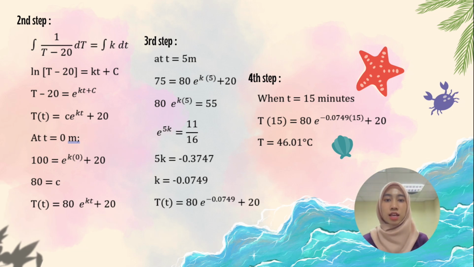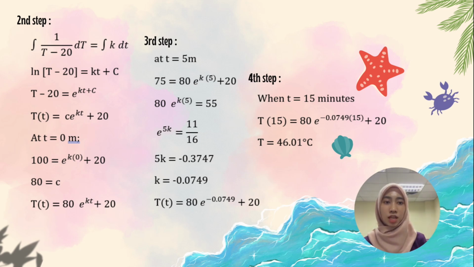And then we get T equals 80e to the power of kt plus 20. Then to get the k value, at t equals 5 minutes, 75 equals 80e to the power of k(5) plus 20. And then we get 80e to the power of k(5) equals 55. And then e to the power of 5k equals 11 over 16.